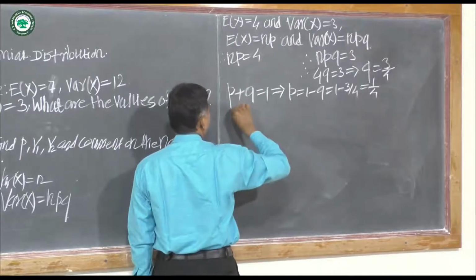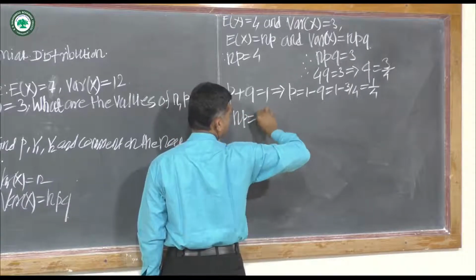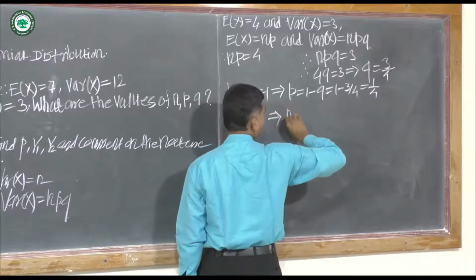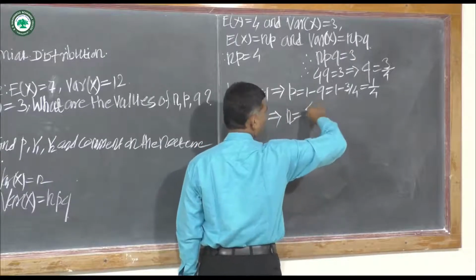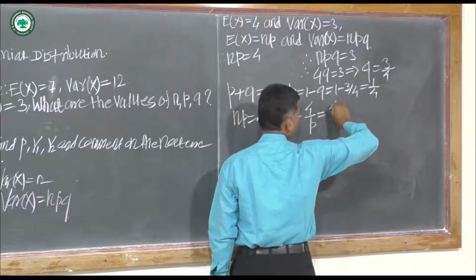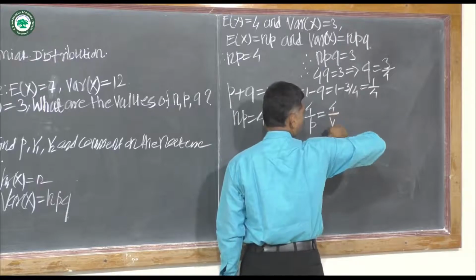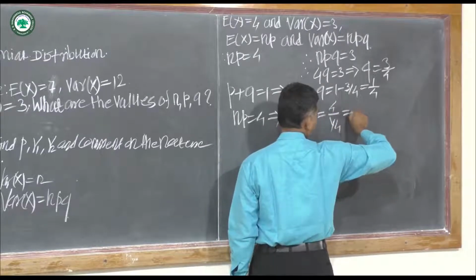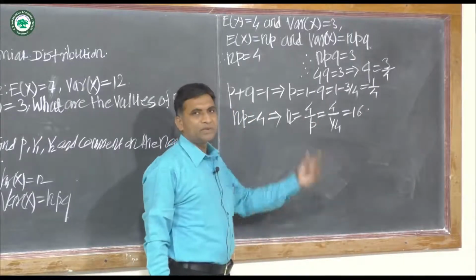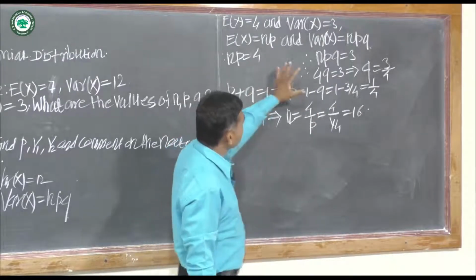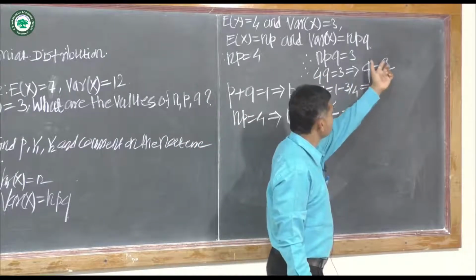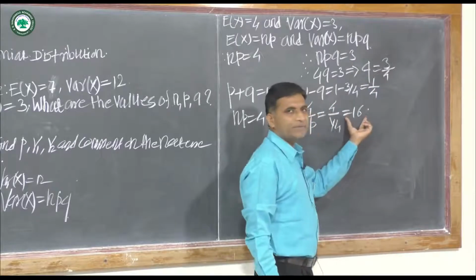We know that np is equal to 4. This implies that n is equal to 4 upon p, which is equal to 4 divided by 1/4, which is equal to 16. The value of parameter n is equal to 16. Then we have p is equal to 1/4, q is equal to 3/4 and n is equal to 16.